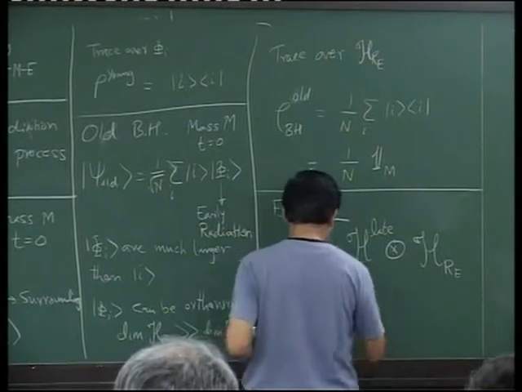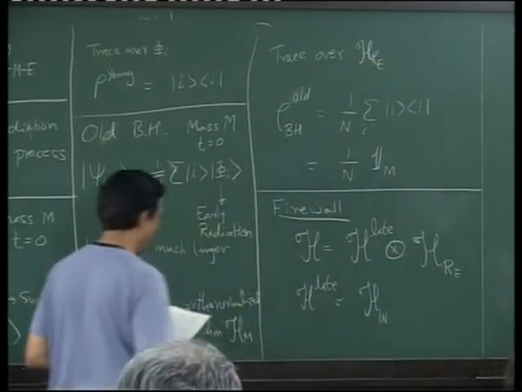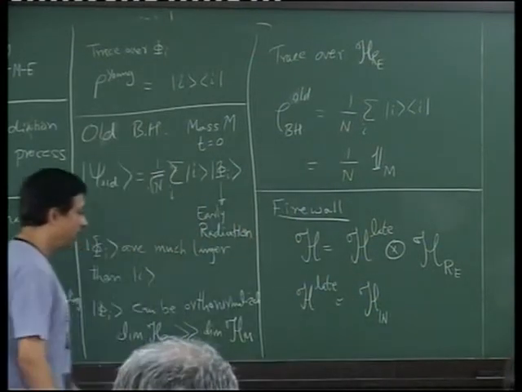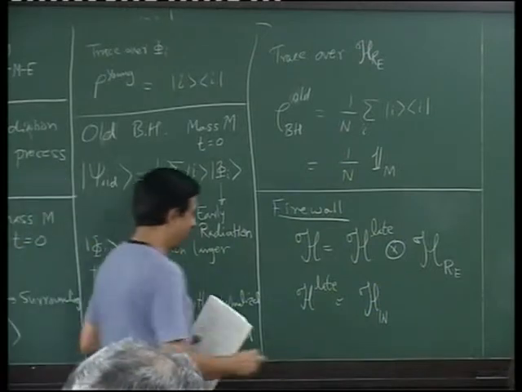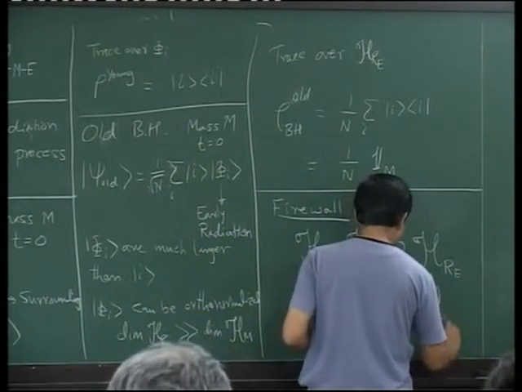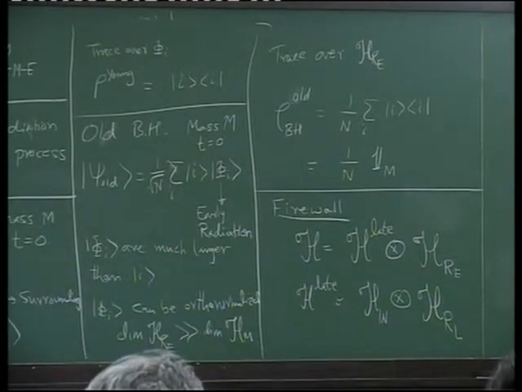to be something like this. This is a place where I choose a notation to call H_B corresponding to black hole states, the Hilbert space corresponding to the inside of the black hole, times H late radiation.